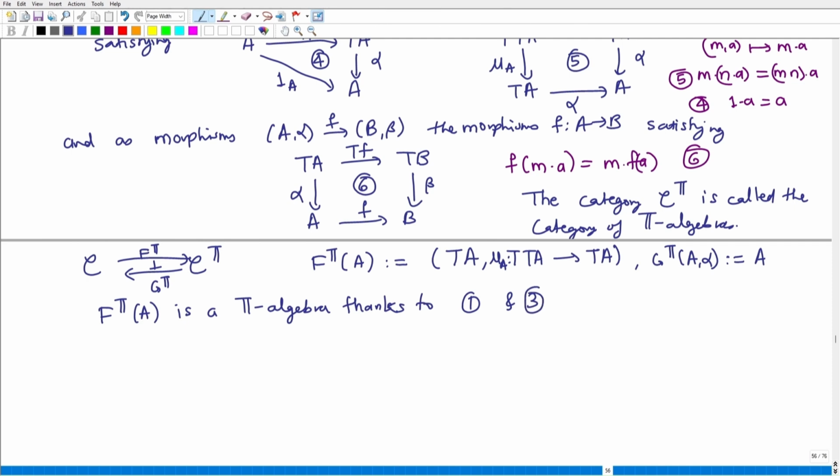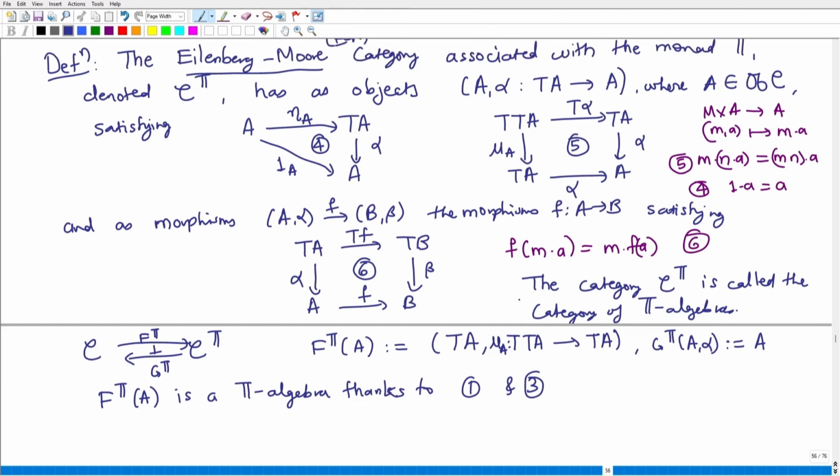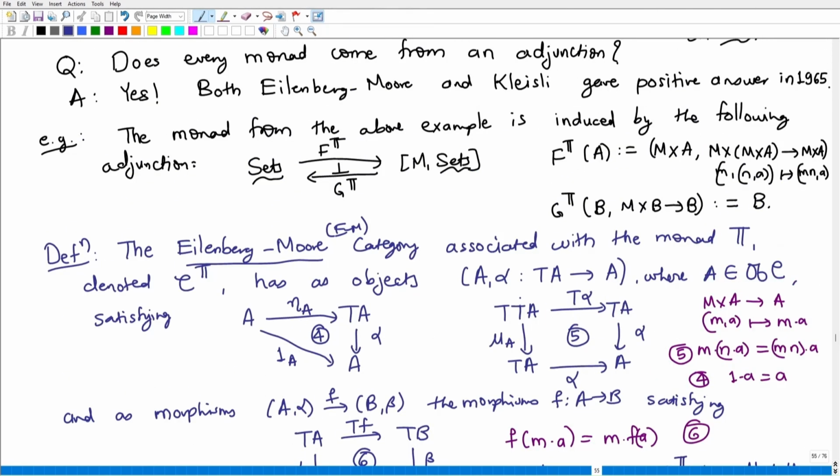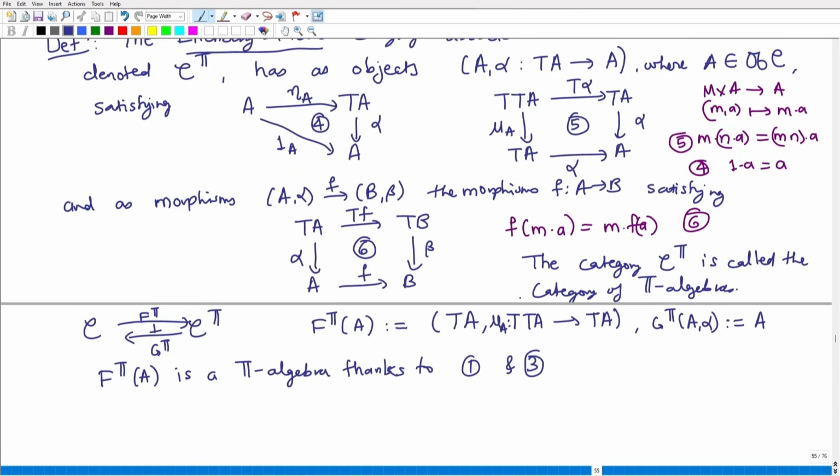Okay, now I have to show you something. So what do we want? We want that 4 and 5 are satisfied. Okay, but look at 4 and 5 in the special case. It's A to TA to A. Yeah, but our A is TA. So TA to TTA to TA.